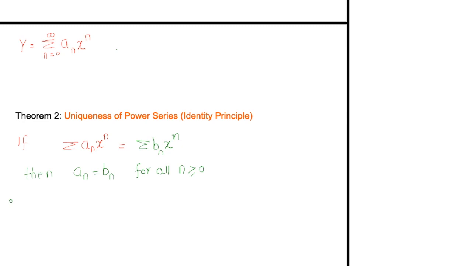In particular, if a series a n x n is equal to 0, it follows from theorem 2 that all a n's will be equal to 0 for all n greater than or equal to 0, for all powers of x.